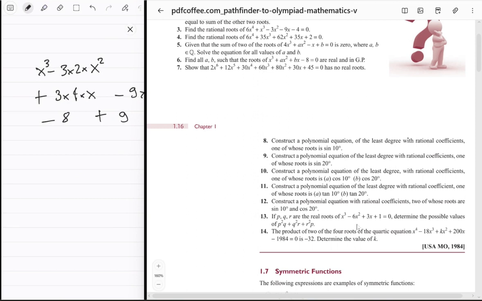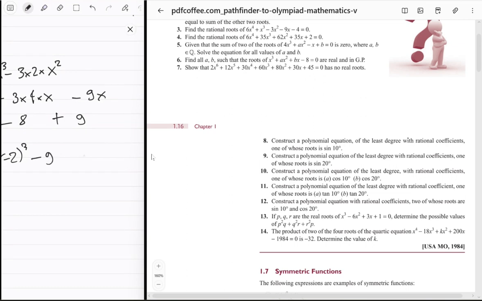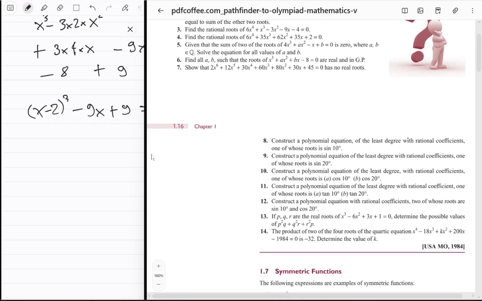Just wait a second. Is that correct? It is, actually. Okay, that's awesome. So (x minus 2) cubed minus 9x plus 9 is equal to 0. Now we just say x minus 2 is equal to u.